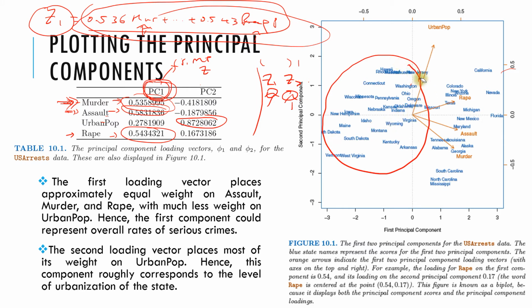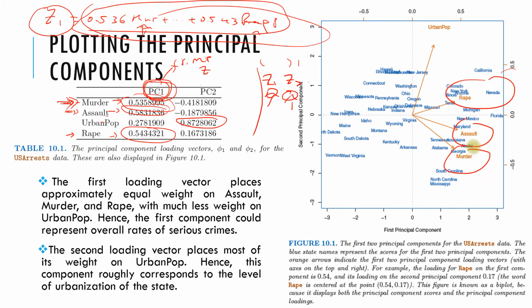If you think about these axes, the more they are on the left of these vectors, the lower their rape rate, the lower the assault rate, and the lower the murder rate. But the more they are on the right, the higher would be the rape rate, the assault rate, and the murder rate. So for example, we can clearly see that Nevada has a high rape rate.